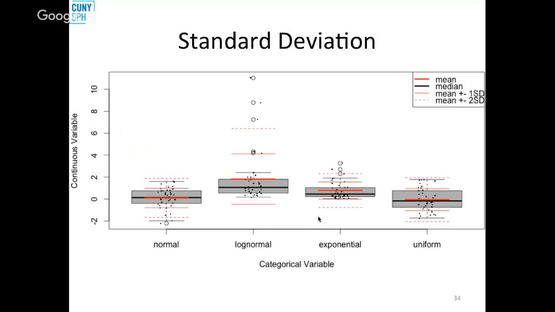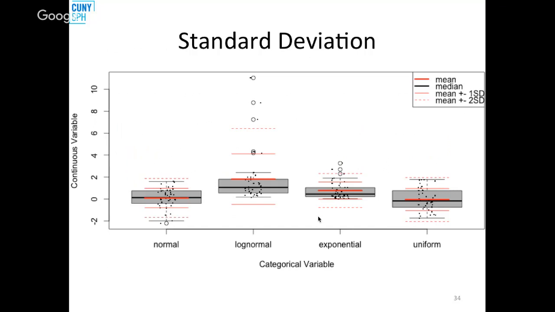One more look at these box plots. Here I'm plotting not only the mean, but I'm also putting the mean plus or minus 1 and 2 standard deviations, just to show how, in this log normal distribution, yes, the mean got shifted, but the mean plus 1 and 2 standard deviations really shift a lot and are affected by these outliers.